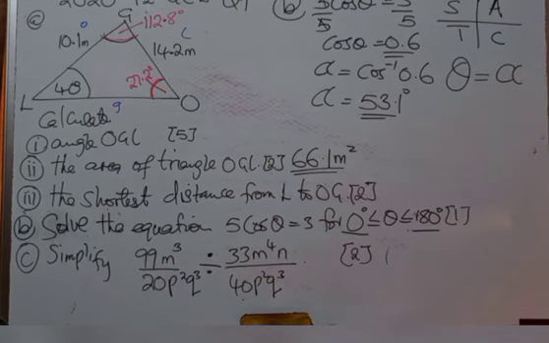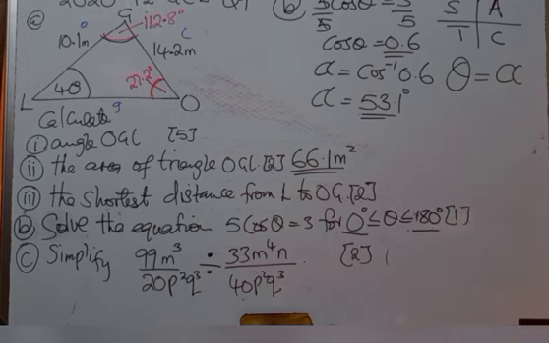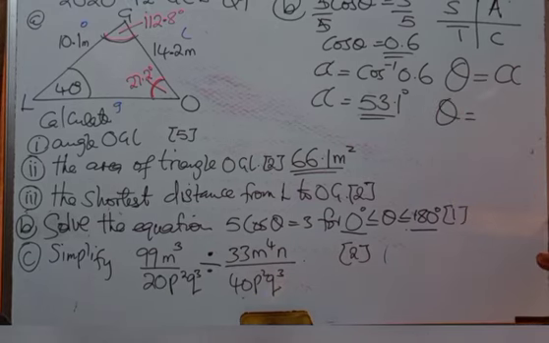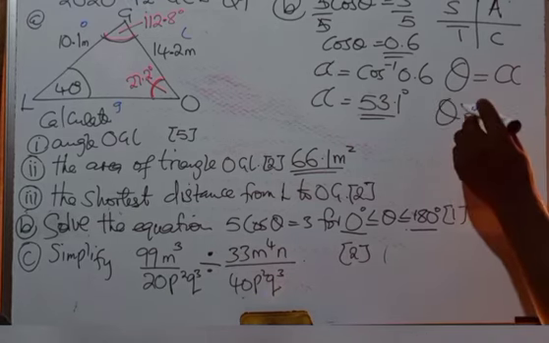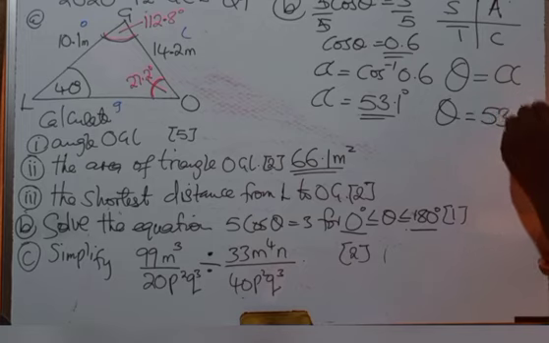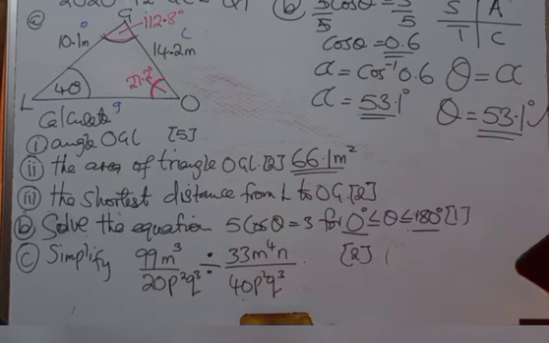Why? Because the quadrants where cos is positive are only the first and the fourth. So how do we find theta in the first quadrant? It is the same as the reference angle. So therefore theta is equal to 53.1 also.